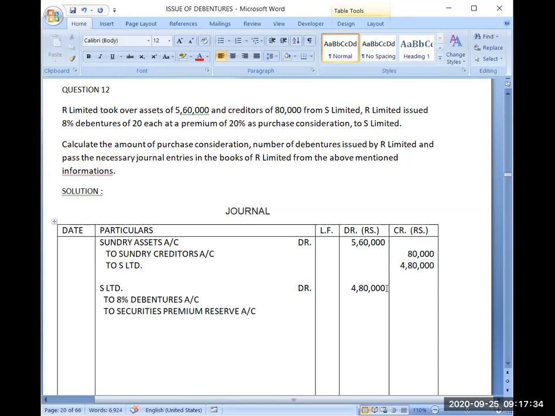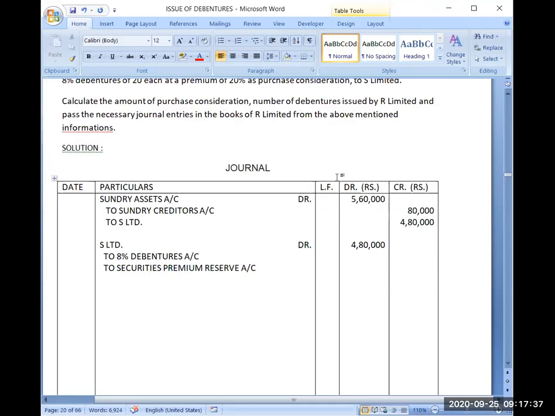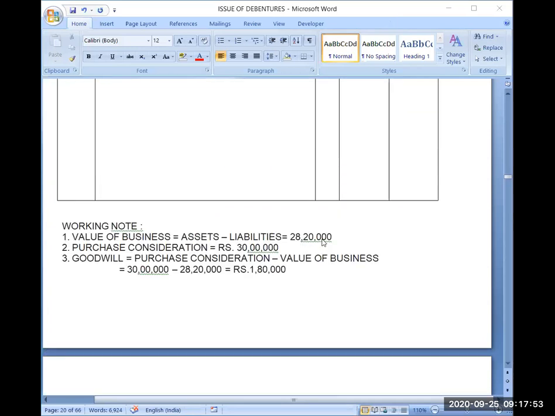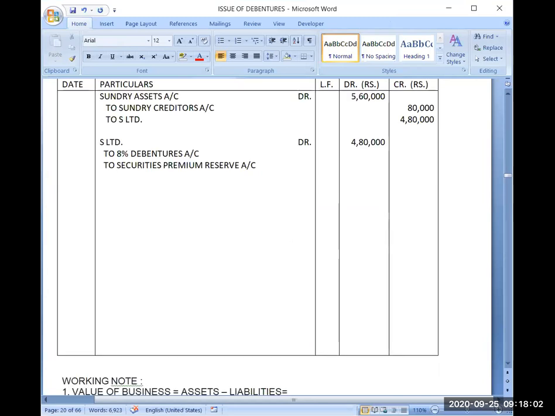Now I have to calculate the amounts. So first, the question asked us to calculate the amount of purchase consideration. We will be showing that now. So value of business will be assets minus liabilities. 5,60,000 minus 80,000, and it will be 4,80,000.